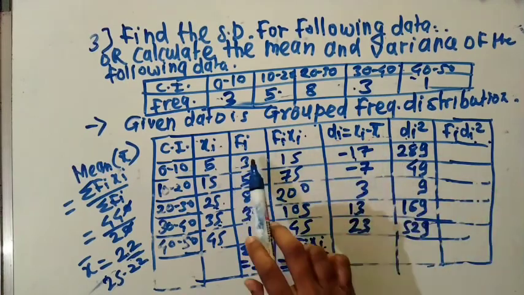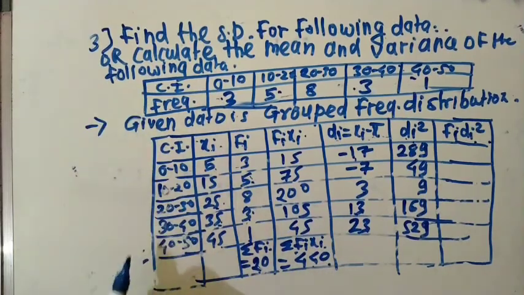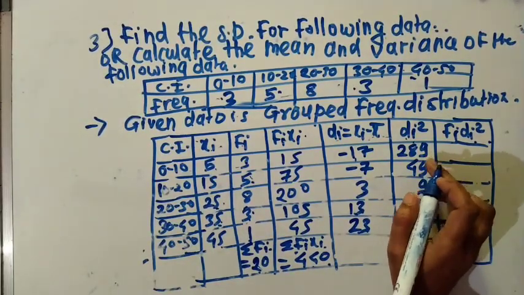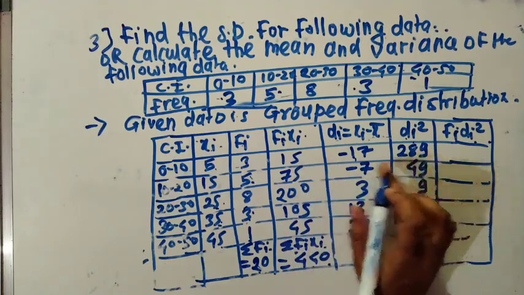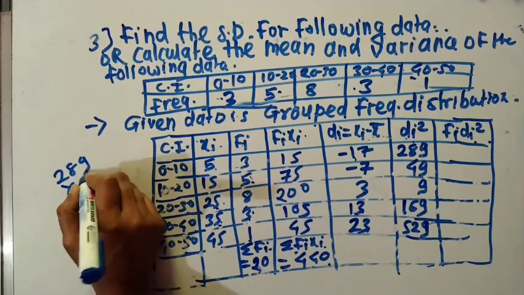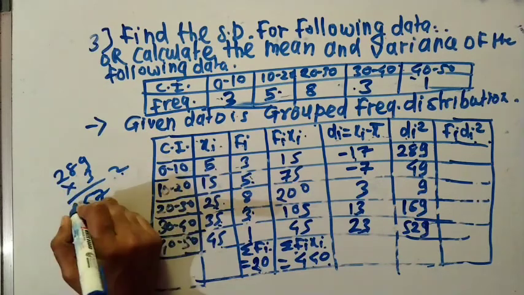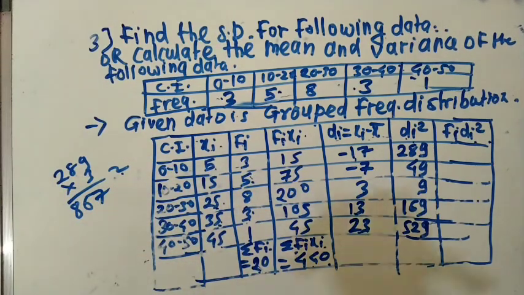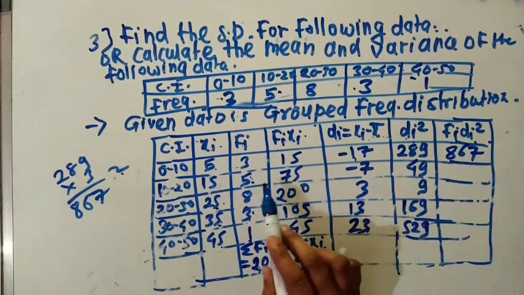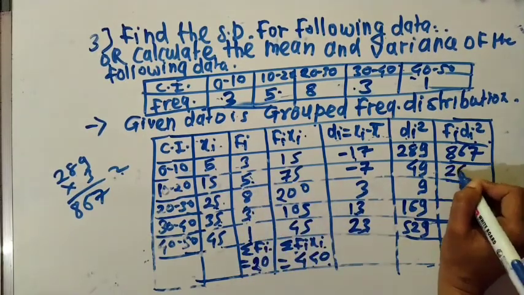Then find out fi into di square, which is a multiplication. 289 into 3 is 867. Then 49 into 5 is 245.